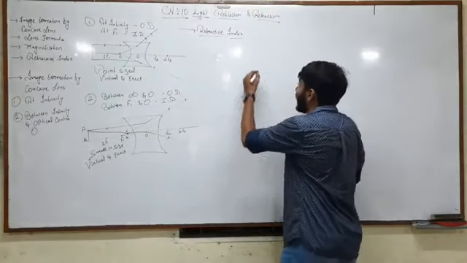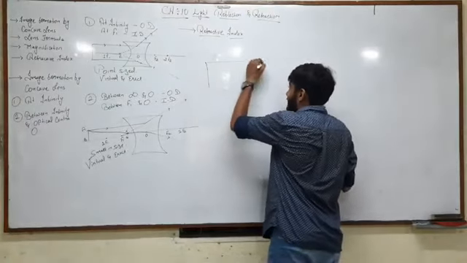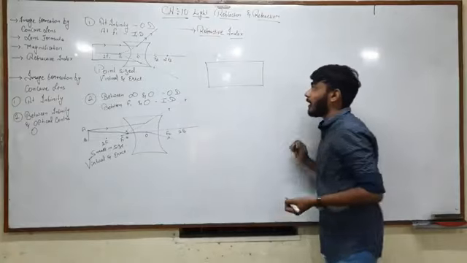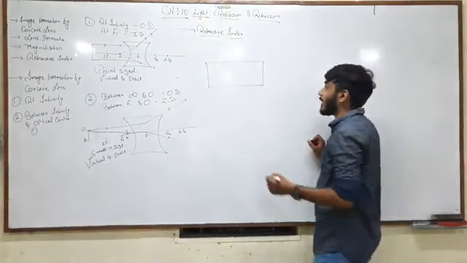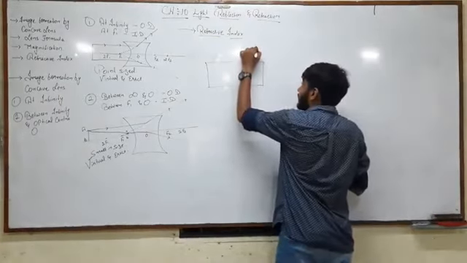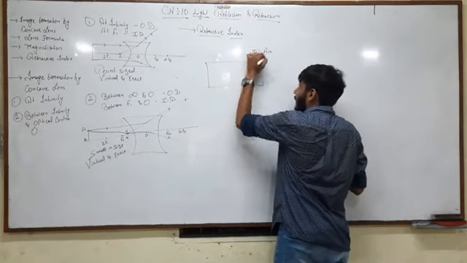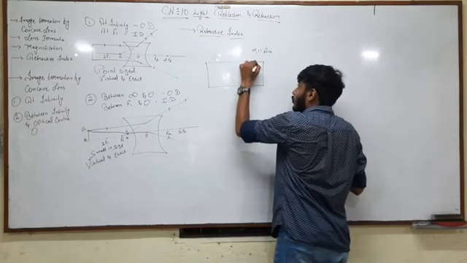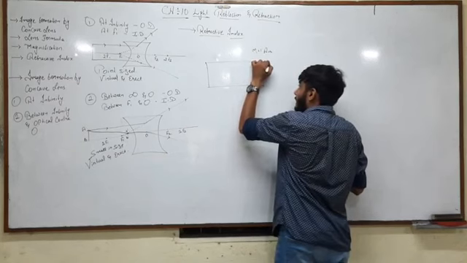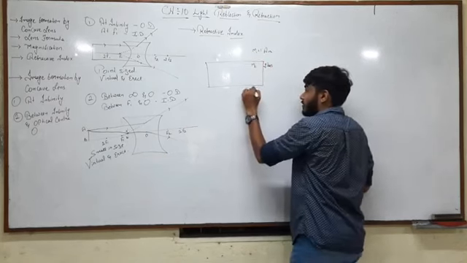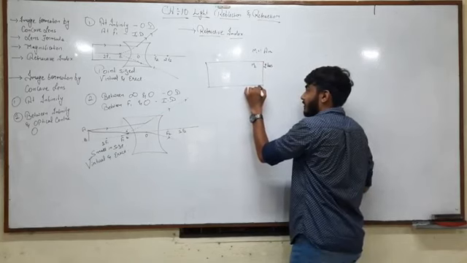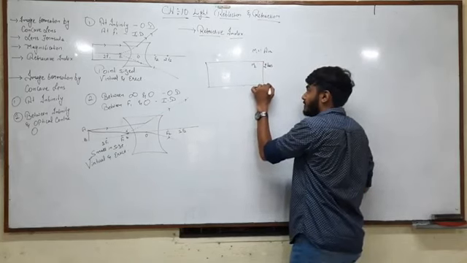We also did an example of the rectangular glass slab. Suppose this is the rectangular glass slab. This is medium one, N1, that is air. And this is medium N2, that is glass. Again, this will be N3, which is equivalent to N1 because that is air.